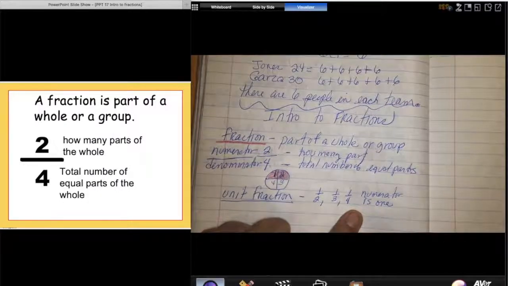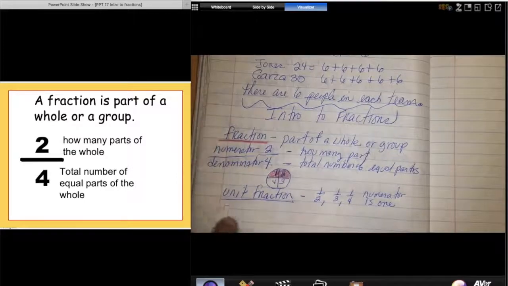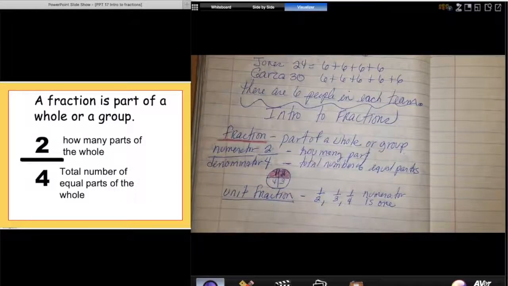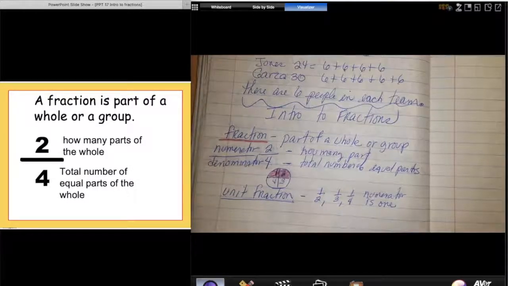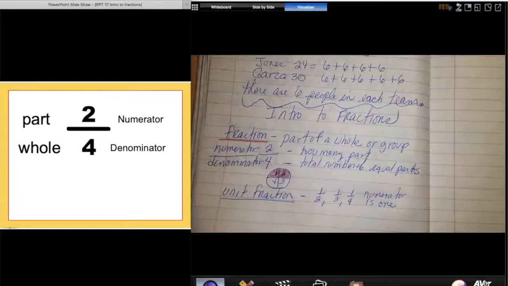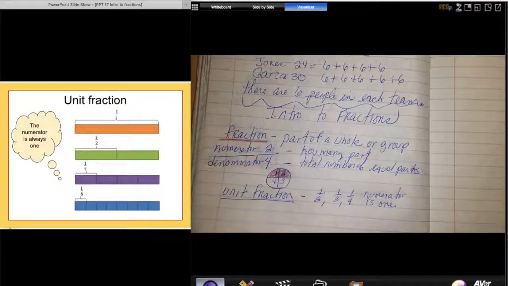And we'll go into more depth later on all these different topics. Right now we're just trying to get some basic definitions out of the way. Numerator, denominator, part over whole, a unit fraction, the numerator is always 1.